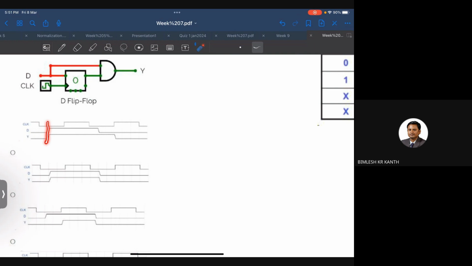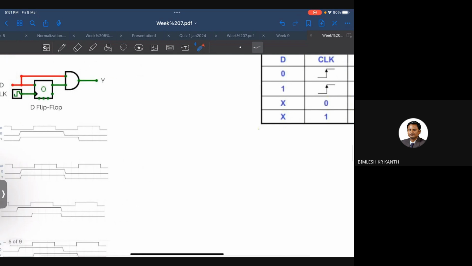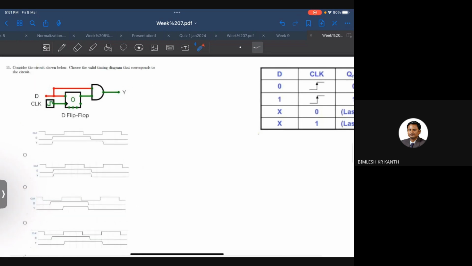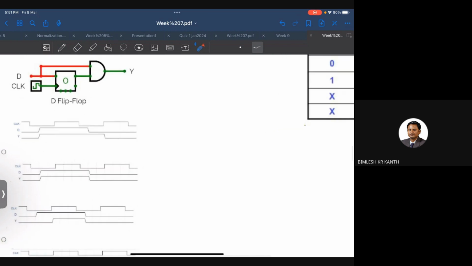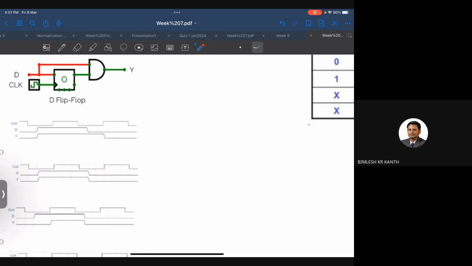The first input is 1, so D becomes a don't care term. So Y is equal to 0. That is the starting point given to us, because the last Q is not known, so that is given. Next, it is changing from 1 to 0.